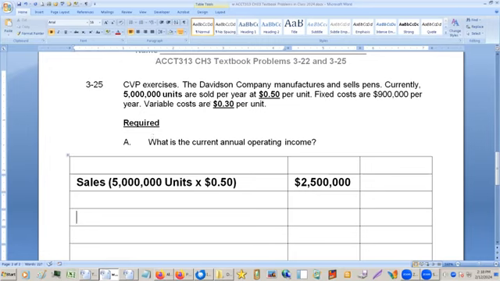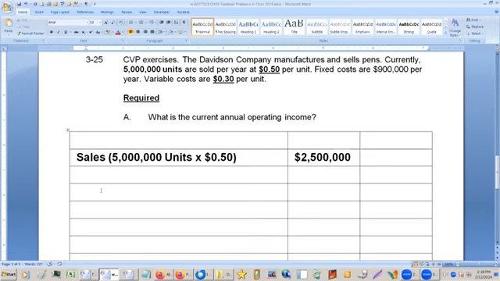Variable costs, same thing. Each unit's going to cost us 30 cents, so this will be variable cost. Show you how to be lazy like me.